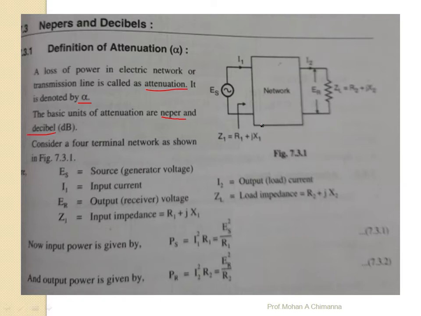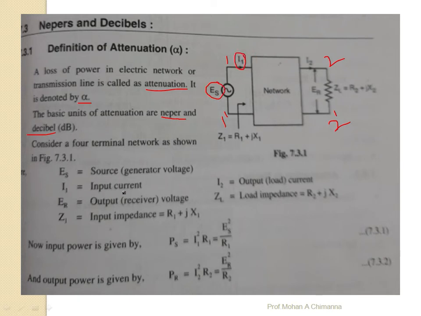In the case of a two-port network, 1 and 1 dash is the input port, and 2 and 2 dash is the output port. ES is the source or generator voltage, applied at the input side, and due to this generator voltage ES, the current flowing into the network is I1.